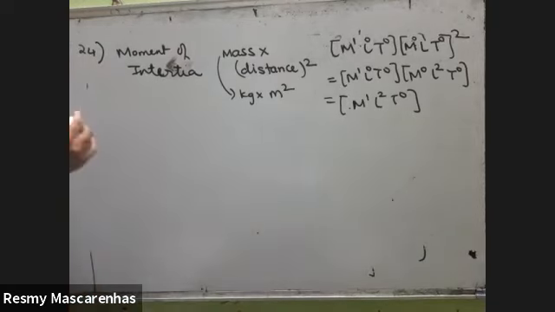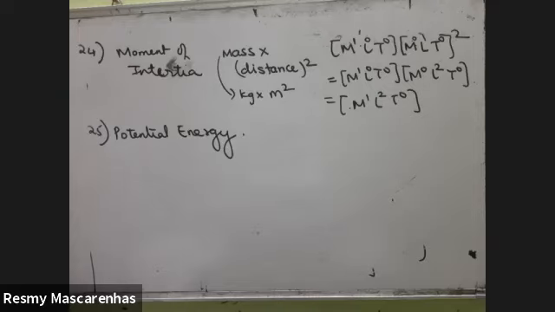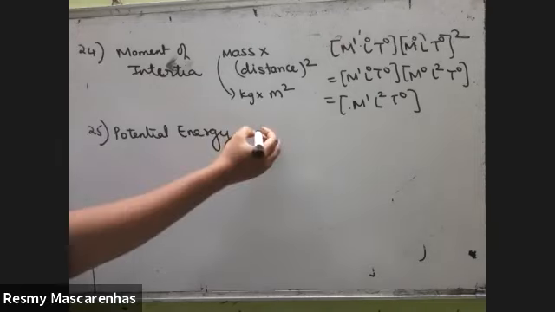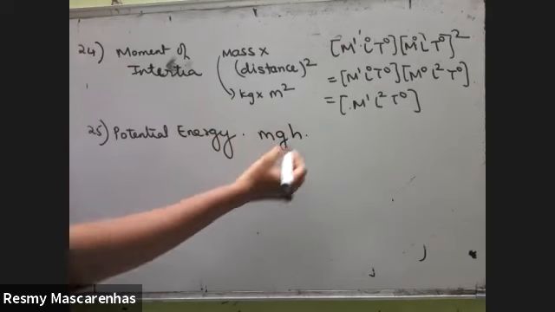Next is potential energy. Potential energy, I told you, is nothing but energy kept in stored form. You store it and keep it. And the formula for that is mgh.